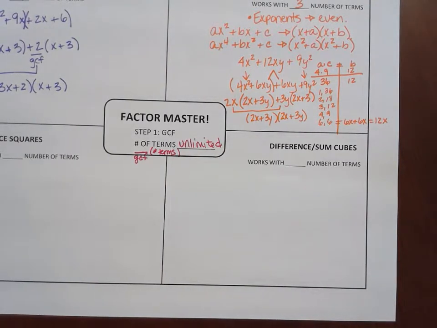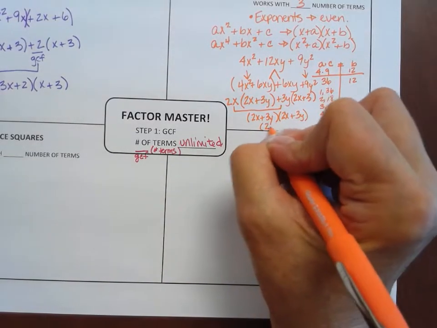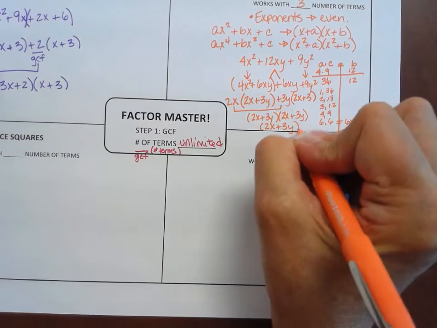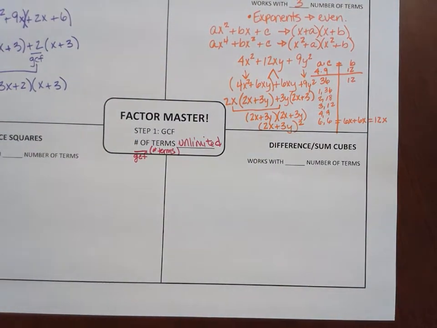What's that also called? A square. So I could rewrite it like that too.